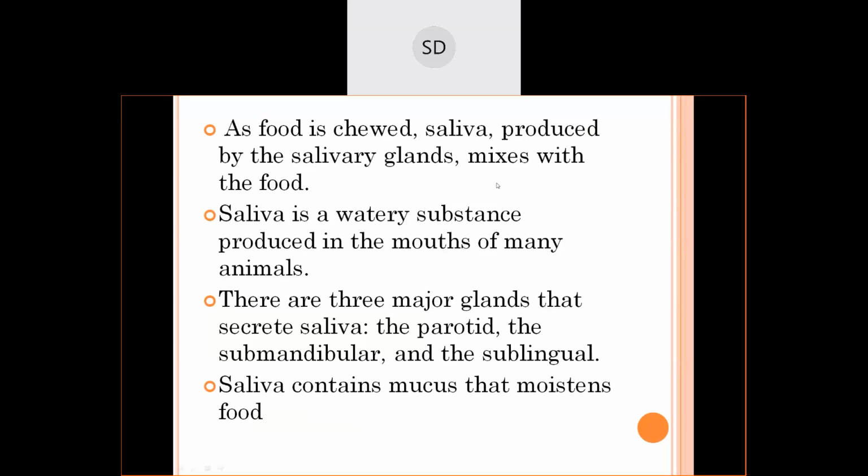There are three major glands that secrete saliva: the parotid, the submandibular, and the sublingual.